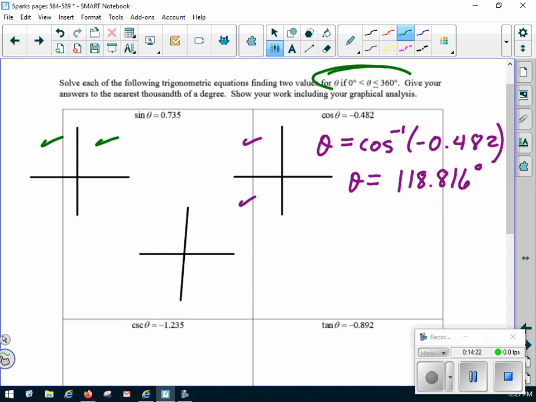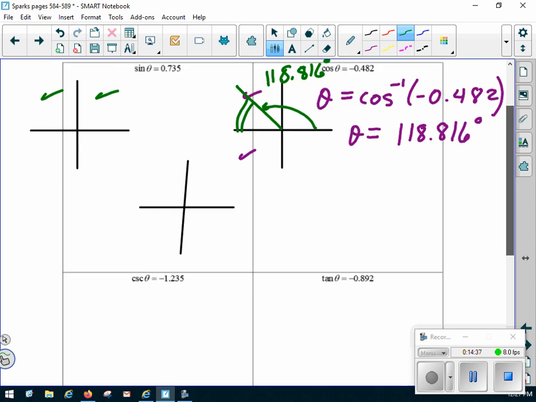Aha! Kendra said, here's my 118.816. She said subtract that from 180 and that'll tell me my reference angle. And then use that same reference angle into quadrant 3. So what is that reference angle? Can we still go, like, we're going counterclockwise, moving them.